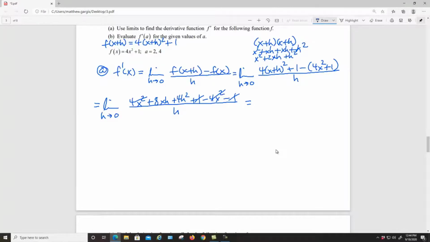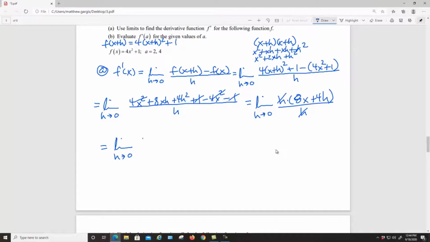Factor out an h. So I'll have h times 8x plus 4h over h. So now the h's will divide off since I've got multiplication right there.